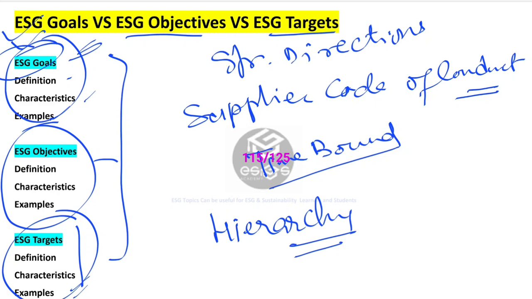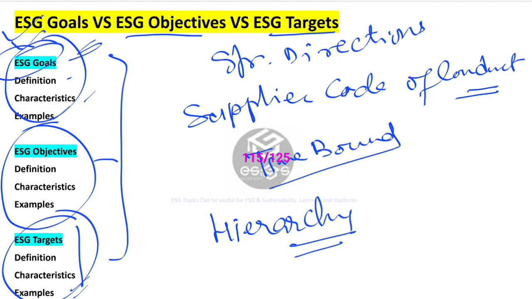Targets in turn are the measurable outcomes used to assess progress towards the objectives. Also, objectives and targets are directly linked with the goals, ensuring that organizational efforts are focused and effective in advancing sustainability, social responsibility, and governance practices.